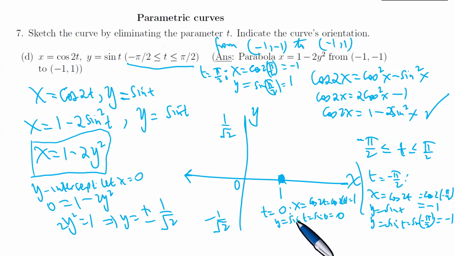Where do you have that both x and y are negative 1? So you have that x is negative 1, and then y is negative 1. So we are here.